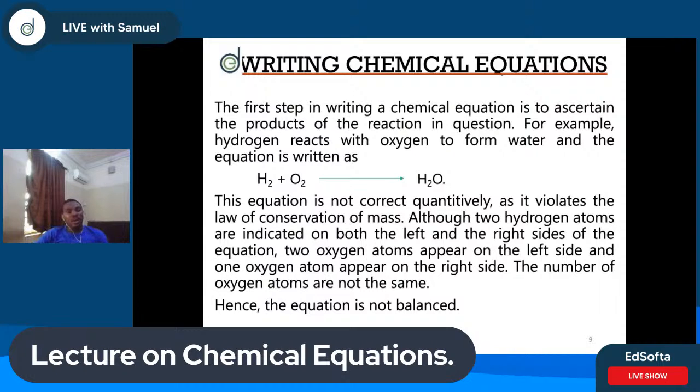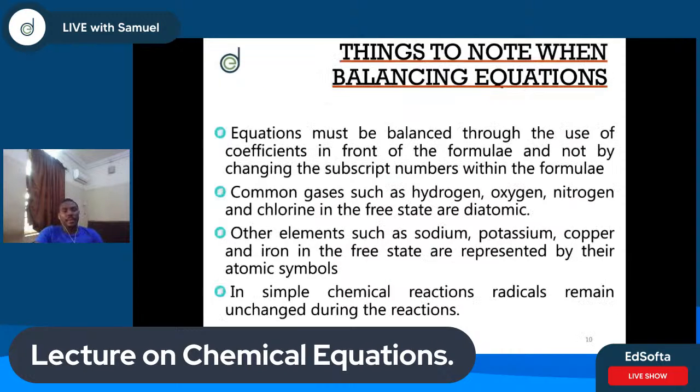This equation is not correct quantitatively, as it violates the law of conservation of mass. Although the two hydrogen atoms are indicated on both the left-hand and the right-hand side of the equation, the two oxygen atoms appear on the left-hand side and one oxygen atom appears on the right-hand side. The number of oxygen atoms is not the same, hence the equation is not balanced.